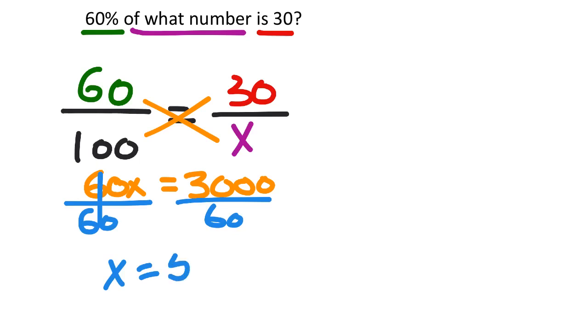Yep. 50. Now, what I said about scale factors would work, right? All I meant by that is I see 60 and 30, there's a relationship. 30 is half of 60, so half of 100 is 50. Bam. And again, this one is only asking for the number, so I don't need to label this with a percent.